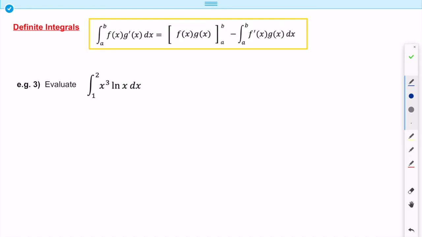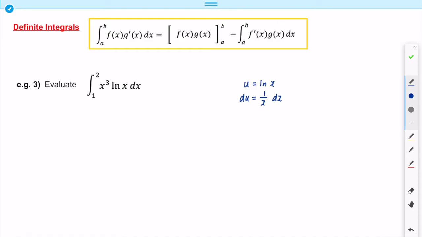Notice how the advantage of letting ln x to be u is that when you differentiate this, you get 1 over x dx. So it kind of turns back into 1 over x that can be combined with any polynomial function to simplify it.